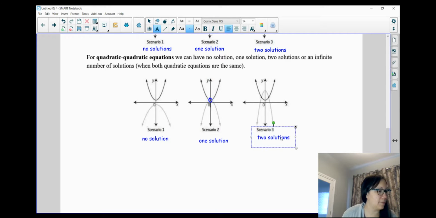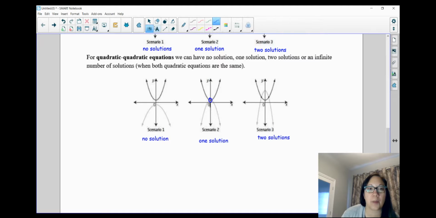Now, there's actually one more scenario here, and it's not showing it, but if I have two parabolas and they create the exact same graph, we could have infinite solutions. And I'm not sure why I did not mention that in my notes here. There's no note about it, but it's more rare.